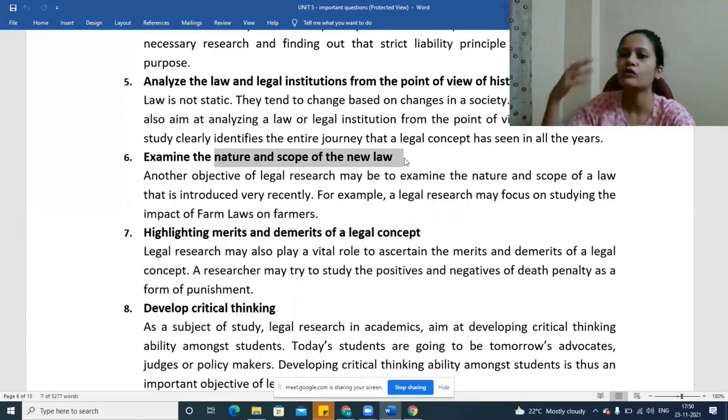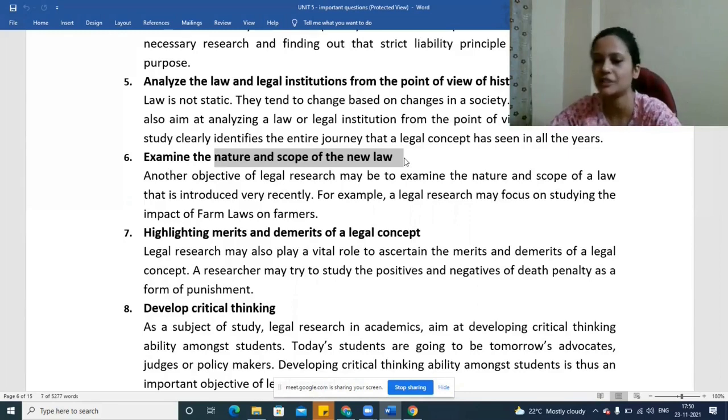That is how farmers came to know that they are the ones who will be majorly affected by this legislation, and they came forward to protest against it. How? Because of research done by all the people around. They came to know what will be the impact of this new legislation.